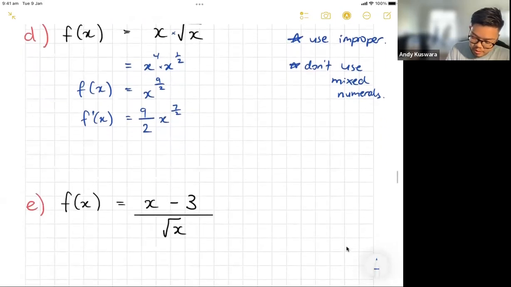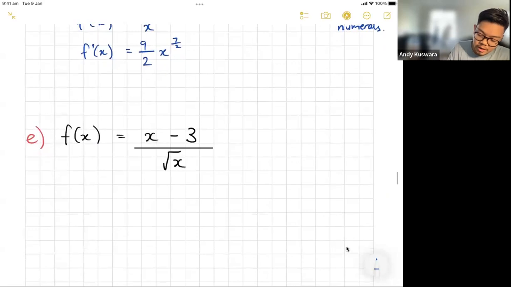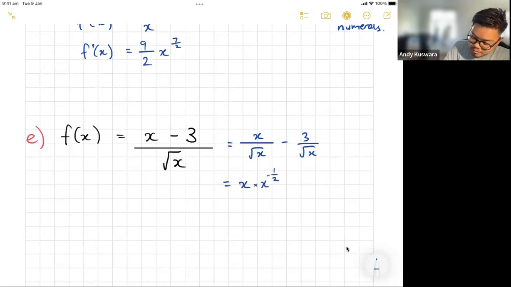Do I have one more? I do have one more. Now, if I've got a fraction, chances are I'm going to have to separate it into different terms. So I'm going to have x over root x, take away 3 on root x. I'm going to rewrite these in a nicer way: x times x to the negative half, minus 3 times x to the negative half.